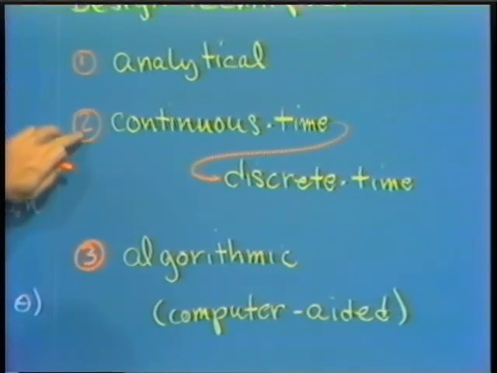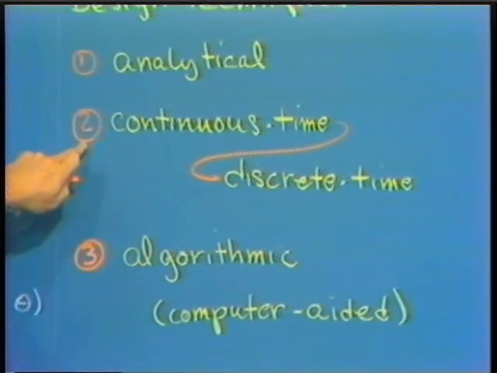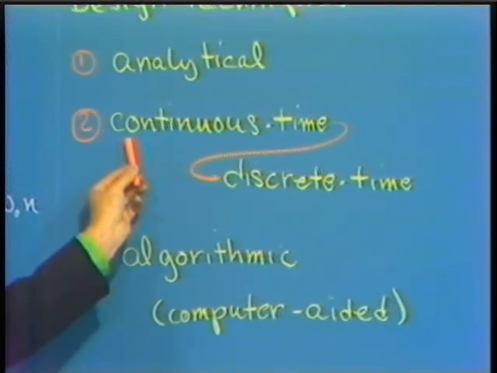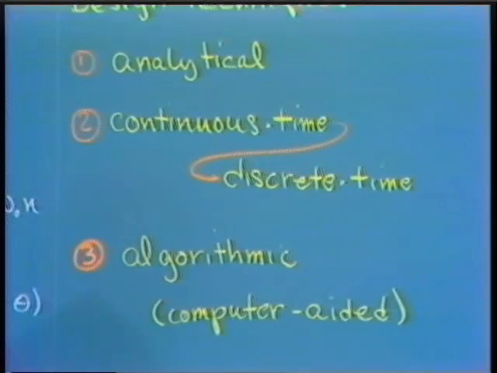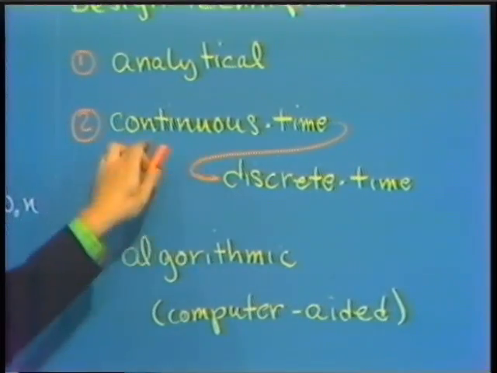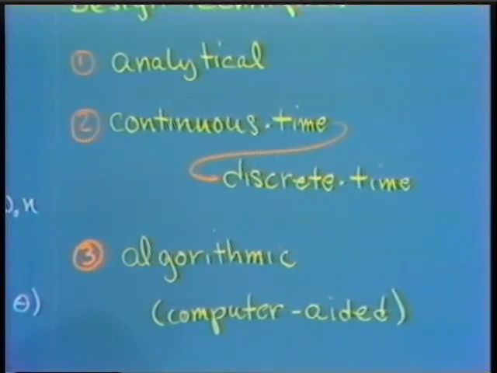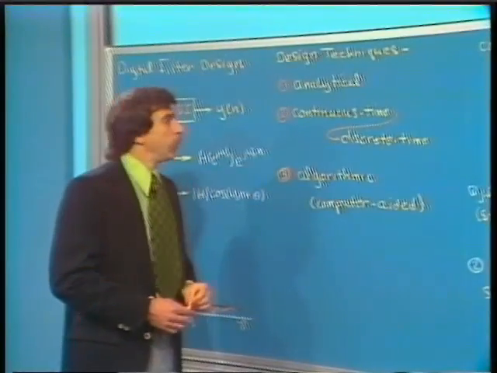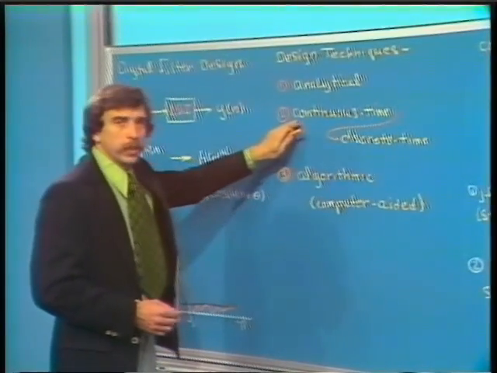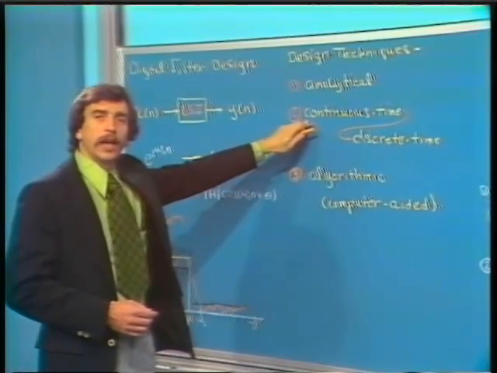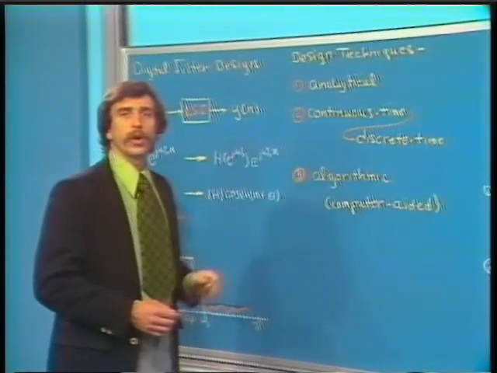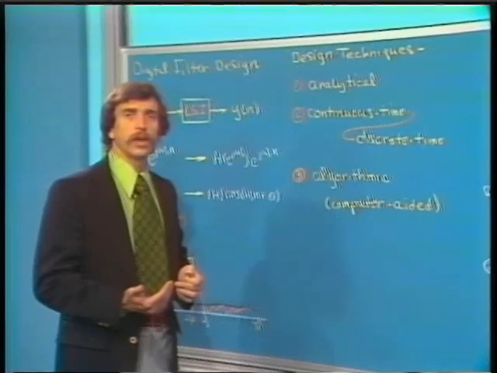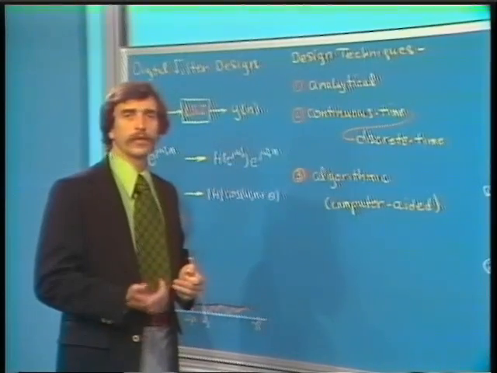And that leads us to the second class of design techniques, namely the class of design techniques that I refer to as mapping continuous time to discrete time. Well, why in the world would we ever want to map from continuous time to discrete time? Well, the reason, very simply, is that a lot of work and a lot of results have developed for the design of continuous time filters.